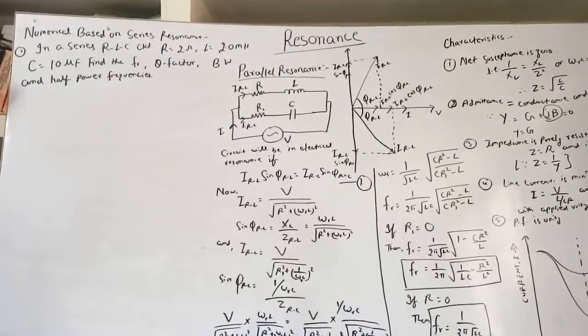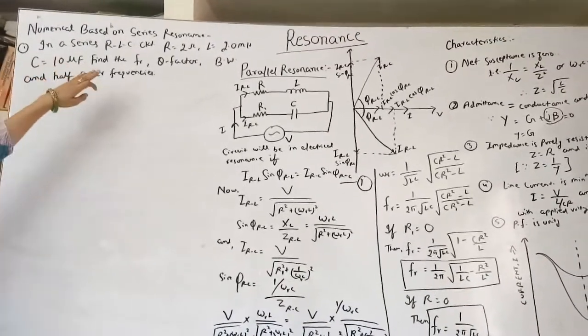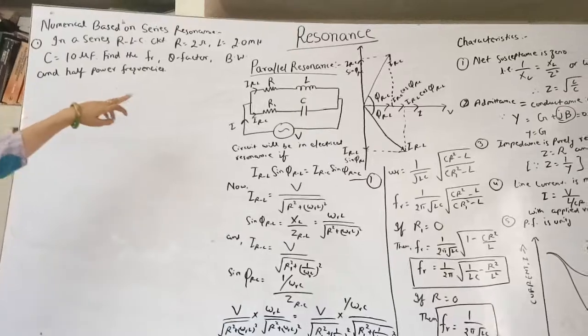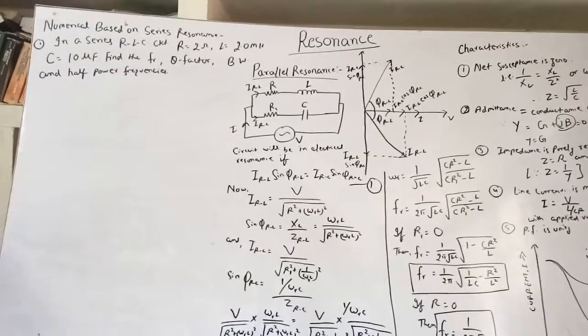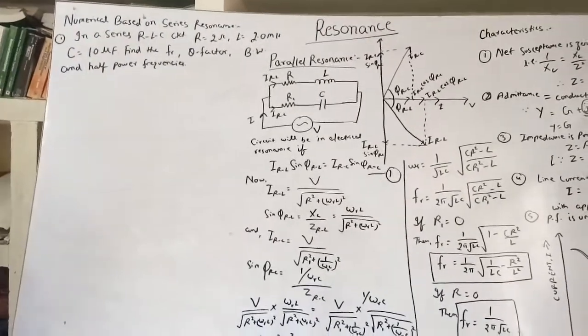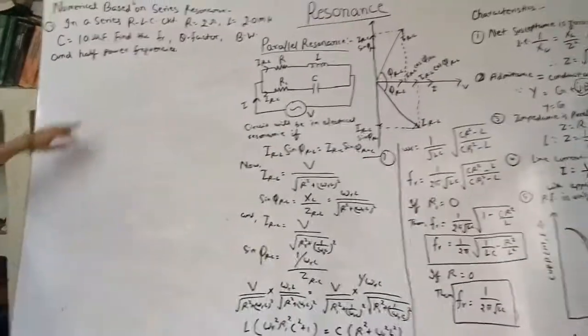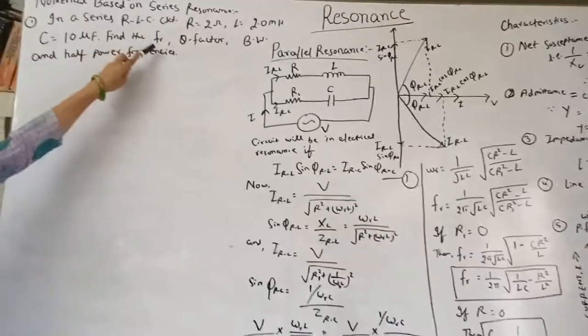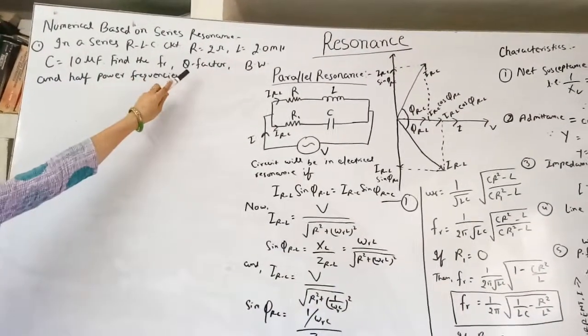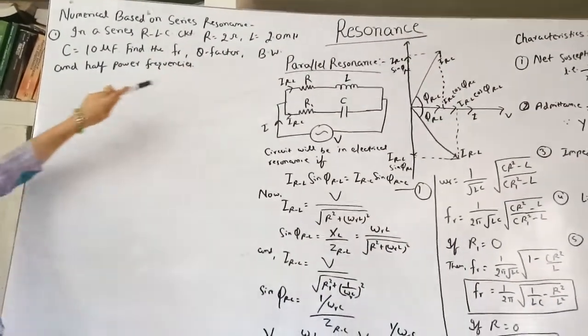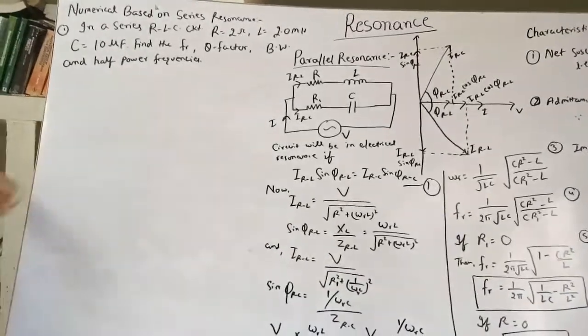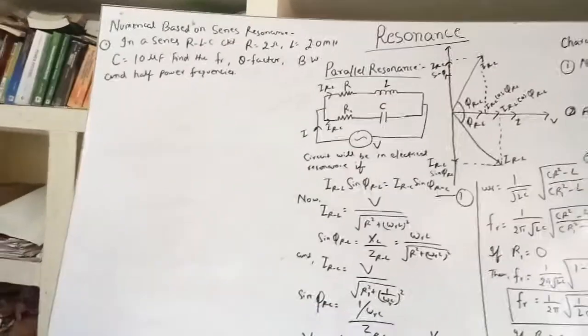See, in a series RLC circuit, R equals 2 ohm, L equals 2.0 millihenry and C equals 10 microfarad. So, we have to find the resonance frequency FR, quality factor, bandwidth and half power frequencies, that is F1, F2.